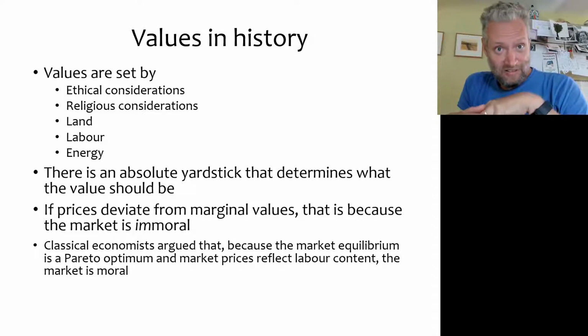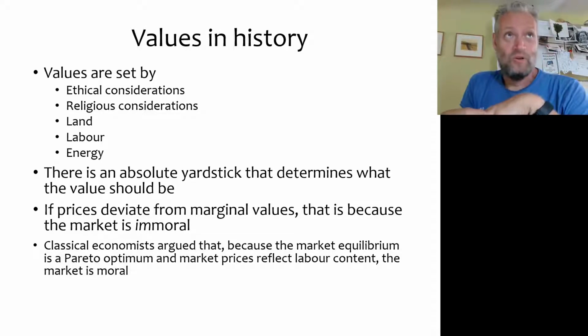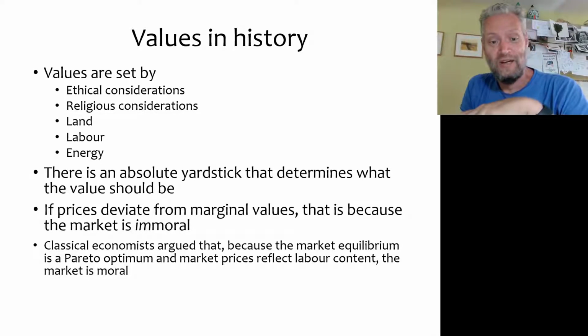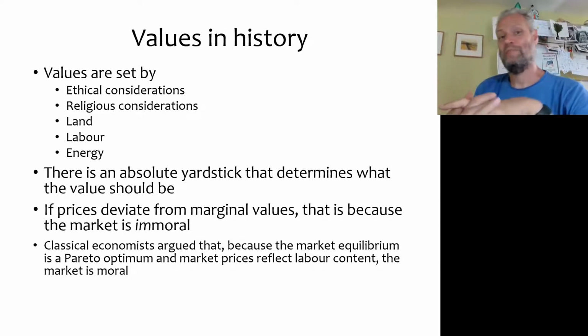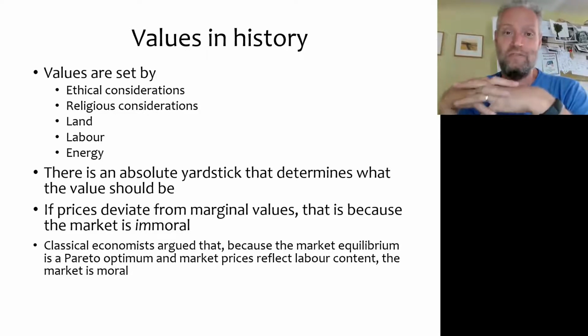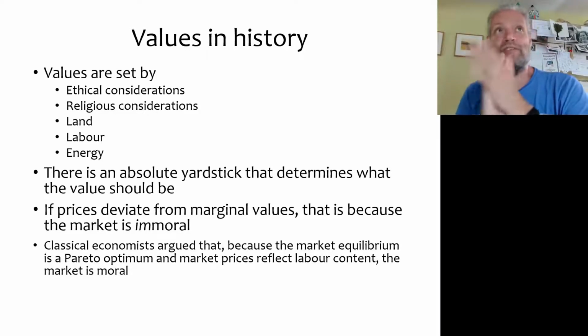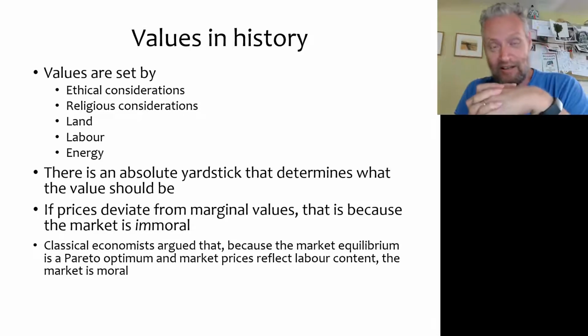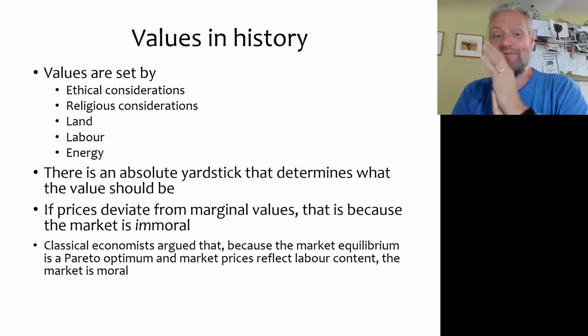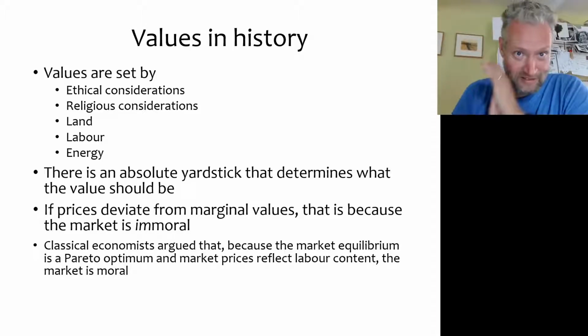The upshot, and this is particularly important in the older theories of value, is that if prices deviate from the intrinsic value, if the price you get from the market or you have to pay on the market is different than the intrinsic worth of that something, that is because there is something wrong with the market.